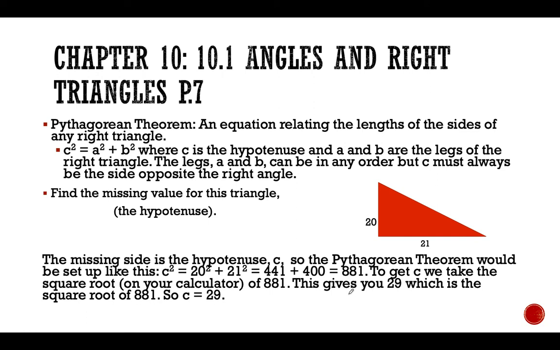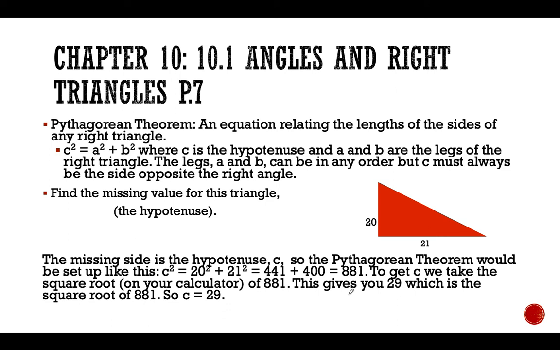Let's do an example and find the missing value for this triangle, which happens to be the hypotenuse, so side C. The Pythagorean theorem would be set up as C squared equals 20 squared plus 21 squared. That equals 441 plus 400, which equals 881.